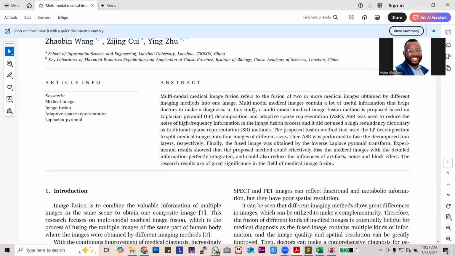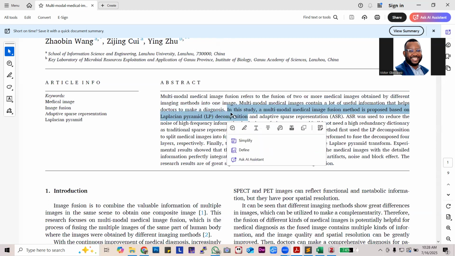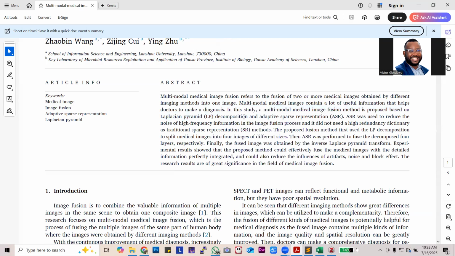In this study, a multimodal medical image fusion method is proposed based on the Laplacian pyramid. That's the LP decomposition. So this is talking about the method. You see the methodology has been mentioned here. Now, from here to here, it tells us what the research is about.